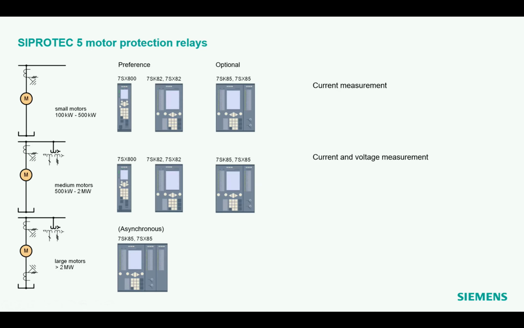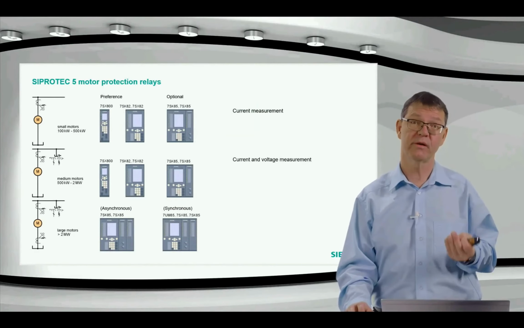Good. So these devices are dedicated for asynchronous motors. We have another range of devices, and now you see we have an overlapping of functions. Originally, we said for the synchronous motor, we have a dedicated device, the 7UM85, which is originally the SIPROTEC 5 device for generator protection.